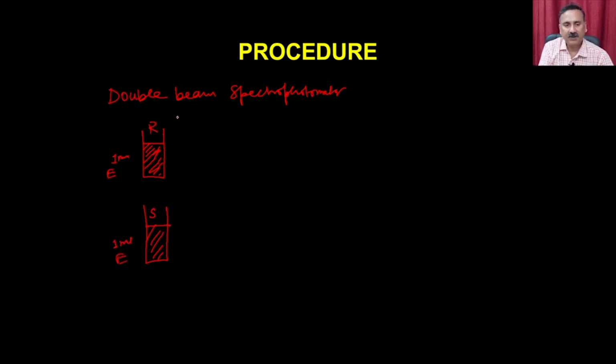Now in the reference cuvette, you are going to add, for example, 5 microliter of buffer, and in the sample cuvette, you are going to add 5 microliter of your substrate.